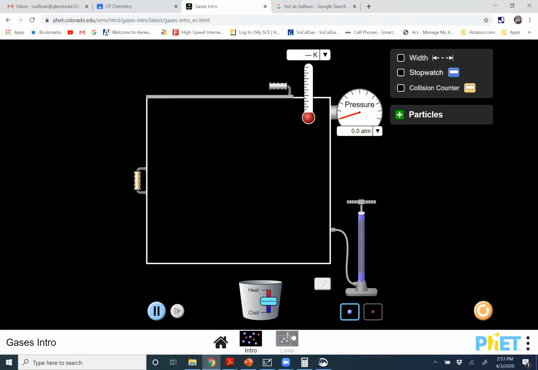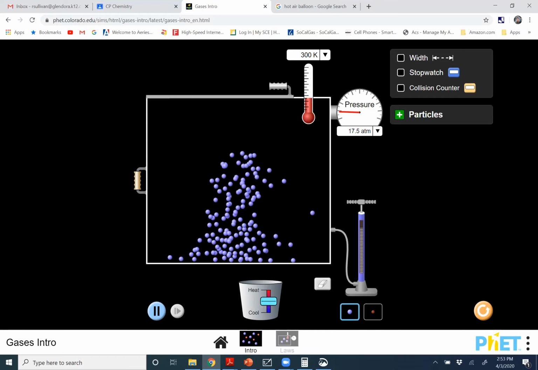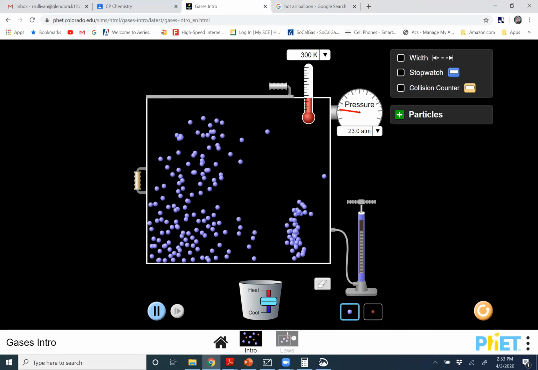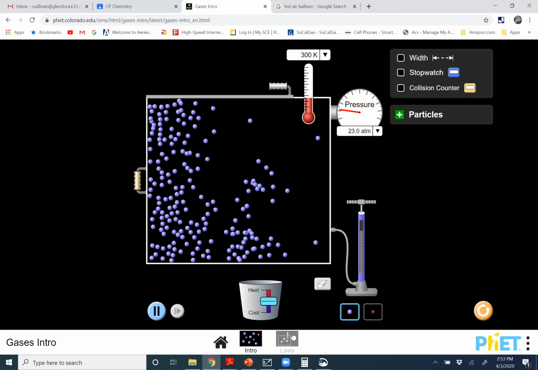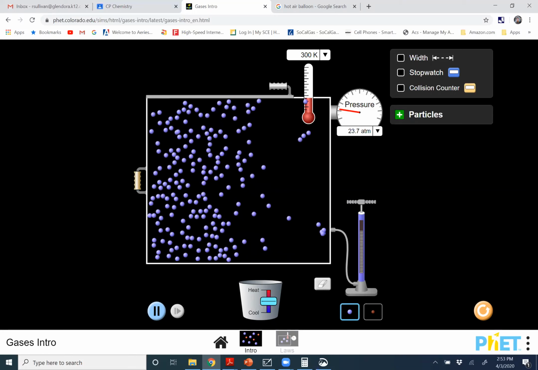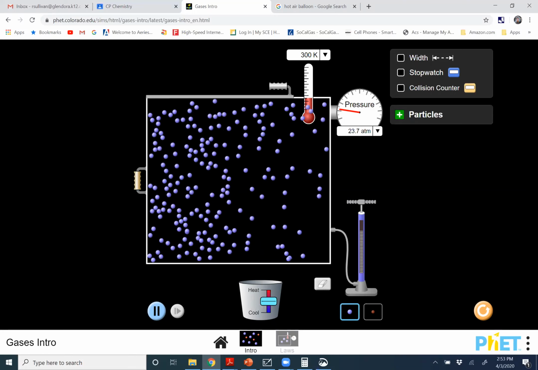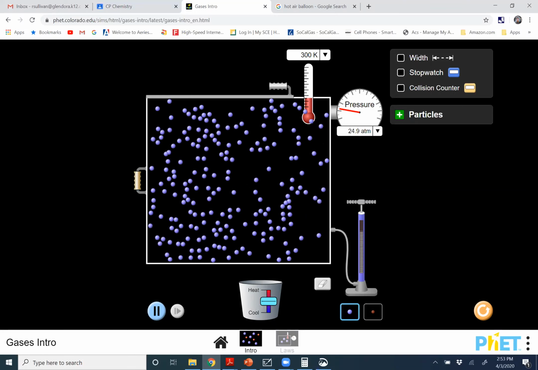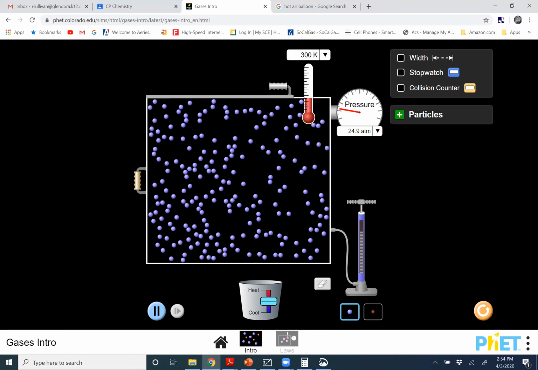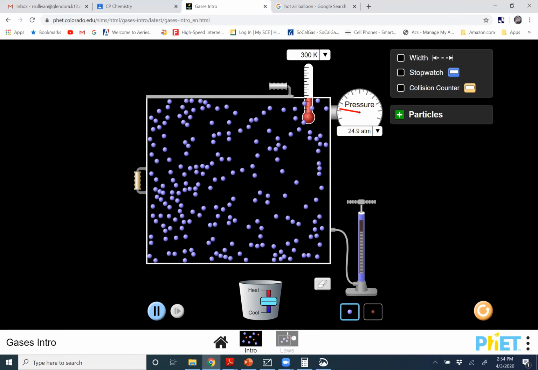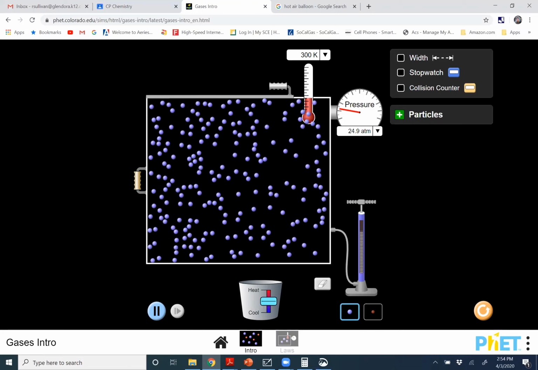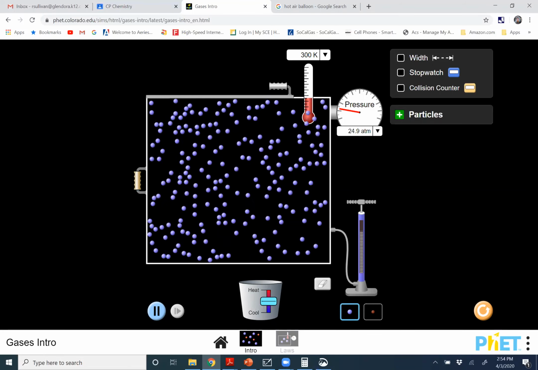So what happens to the pressure of a gas if we heat it up? As you can see, we're at 300 Kelvin and at 25 atmospheres. If we heat this up to 600 Kelvin, should that say 50?